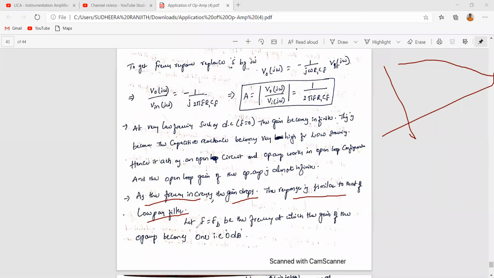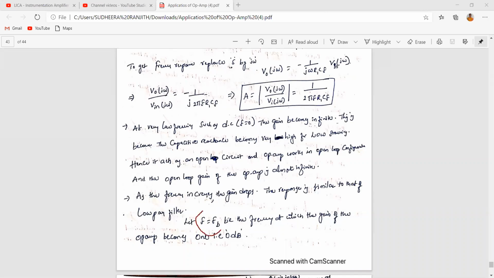So let f equal to fb be the frequency at which the gain of the op amp becomes 1, that is 0 dB. I don't know the numerical value. At that particular frequency the gain drops to 0 dB, that is 1. 0 dB means the normal value is 1.